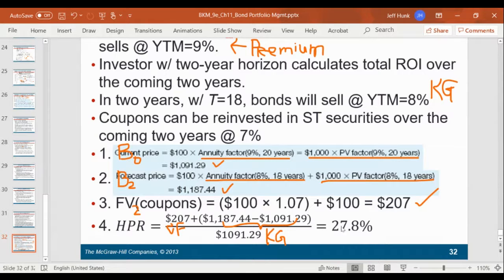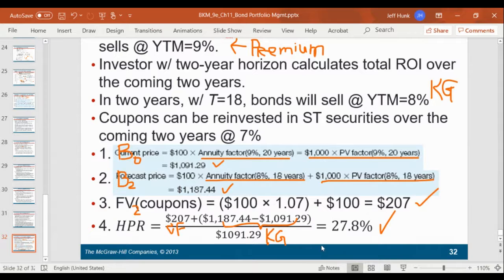Of course, you can annualize it by taking the square root, because it's 2 years, right?